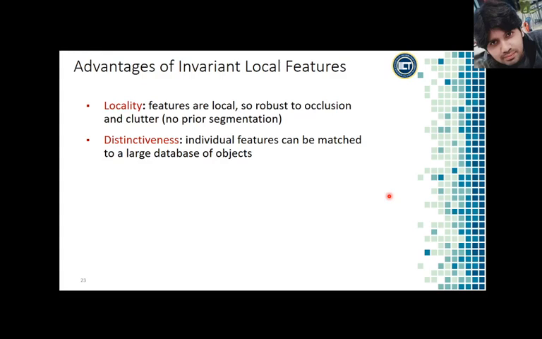So it will be like if I am detecting a face, so a face has some unique features like eyes, nose, and lips, and all other stuff. So these are the distinctive features which discriminate between the face and a box.